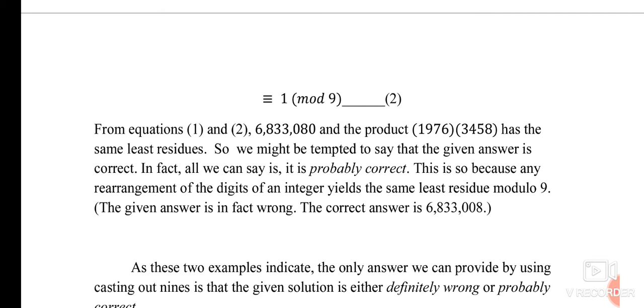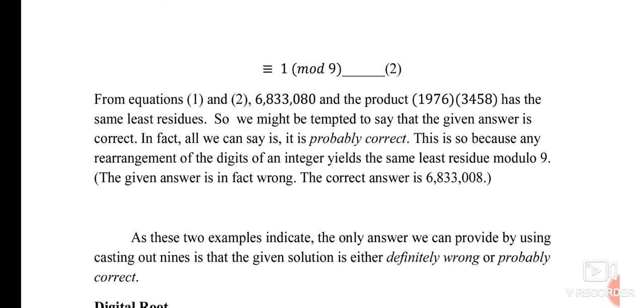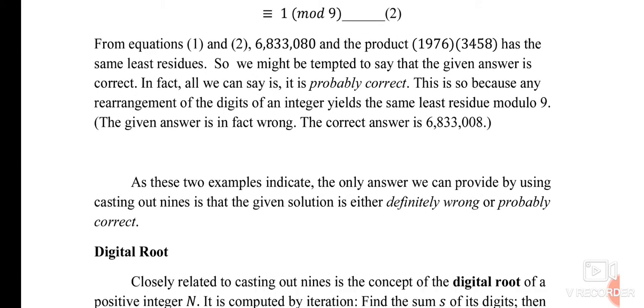So, we might be tempted to say that the given answer is correct. In fact, all we can say is that it is probably correct. This is so because any rearrangement of the digits of an integer yields the same least residue modulo 9. Here the given answer is in fact wrong.